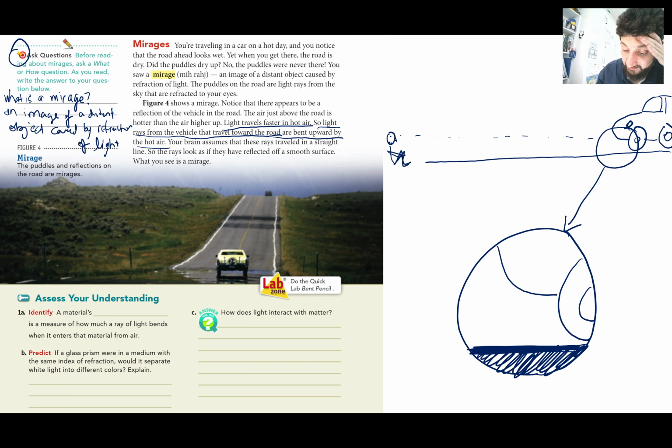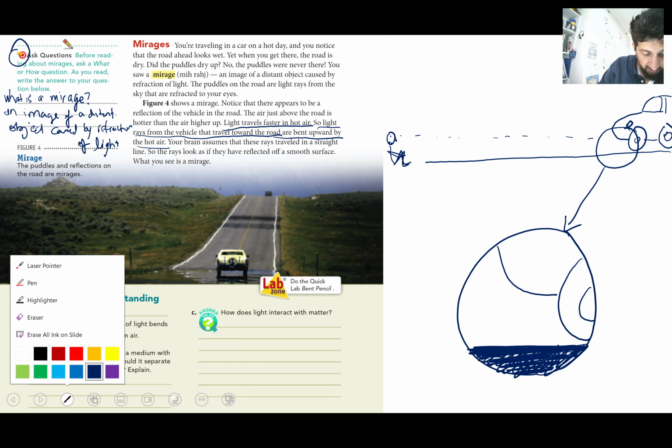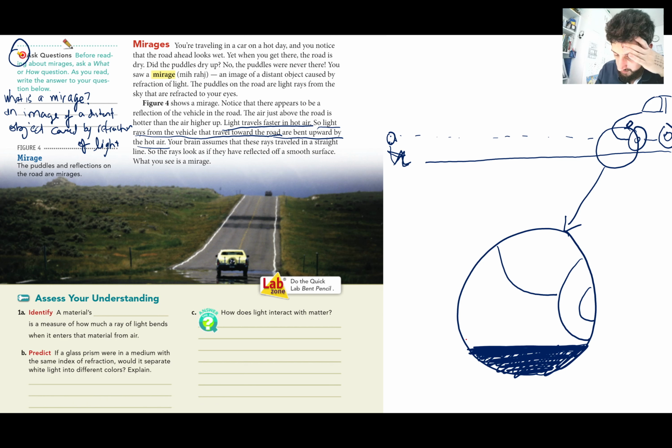Very, very, very, very, very hot. Okay, so the road is very hot, which means the air above the road is going to be very hot. So here's what I'm going to do. I'm going to say this is very hot. I'm going to draw in red. Oh, you know what? I've got a better idea. I'm going to use highlighter.